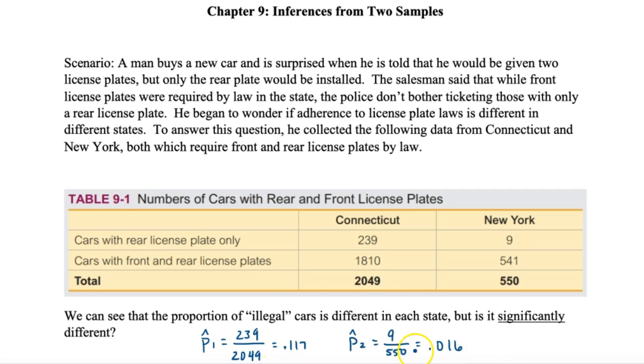And particularly in decimal form, we can see that proportion 2 is much smaller. But that doesn't really answer our question of significance. So are these two proportions significantly different? And that's what we're going to do in this section, and we're going to extend this idea to means in the next couple of sections.